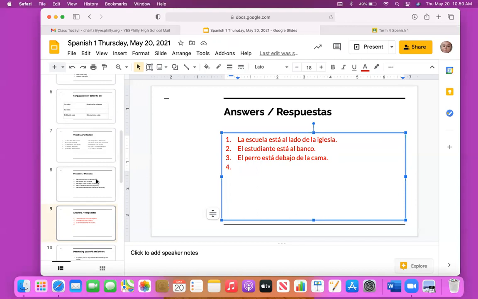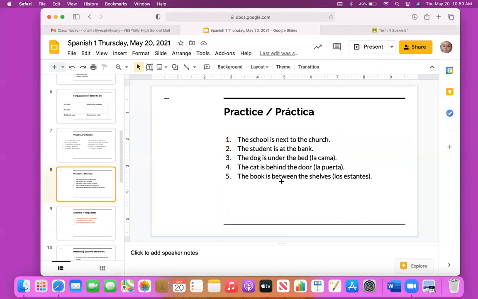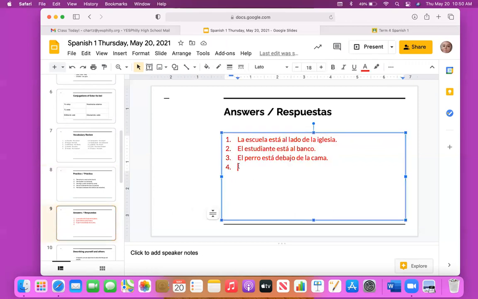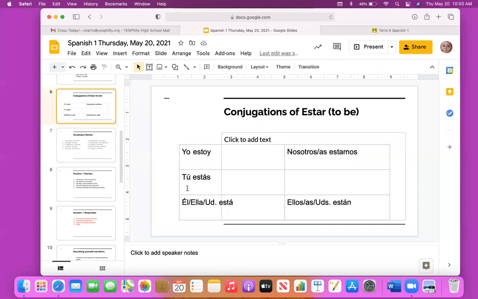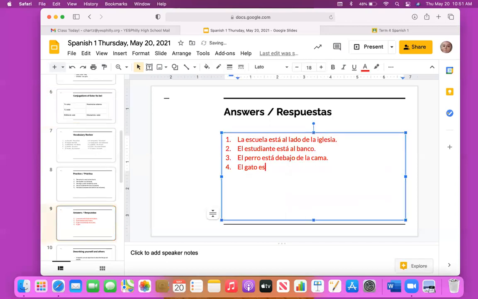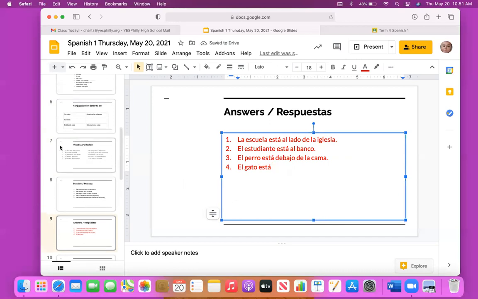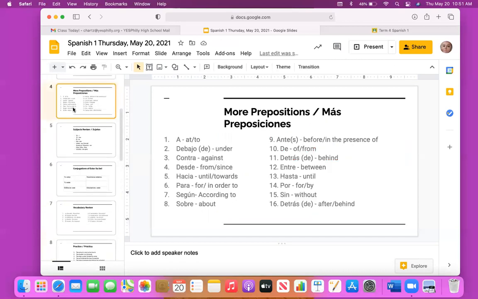Okay. So then for number 4, we have the cat is behind the door, and then I have the word for door. So remember the word for cat is el gato, right? And then we need estar because we have to say the cat is. So he, she, it. So we're going to use está like we have been. Está, and then we need the word for behind. So that's one of our prepositions. Yep, right here.